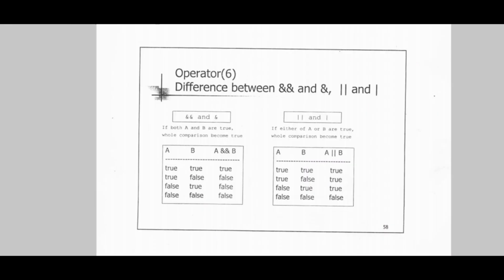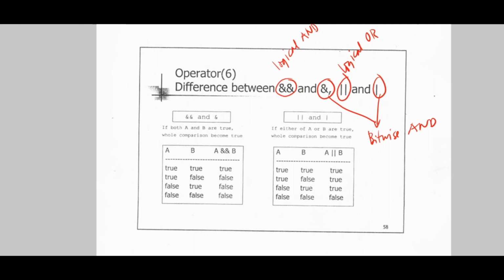Let's recall the truth table of the logical OR and the logical AND. Recall that this is the logical AND, this is also the logical OR, while these two here are the bitwise AND for this one, and the bitwise OR for this one.